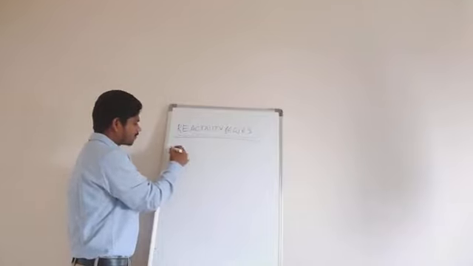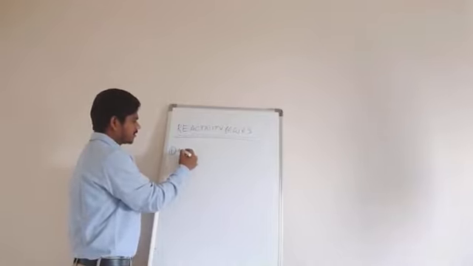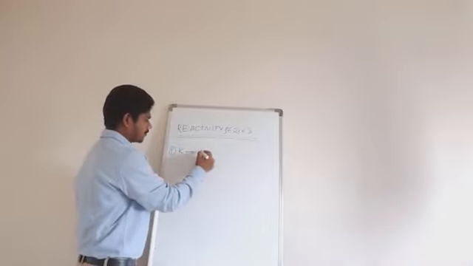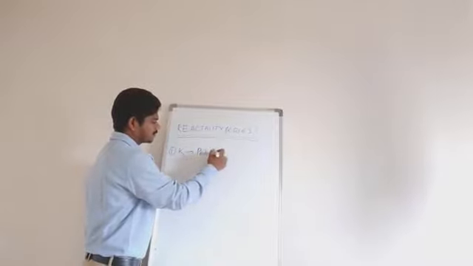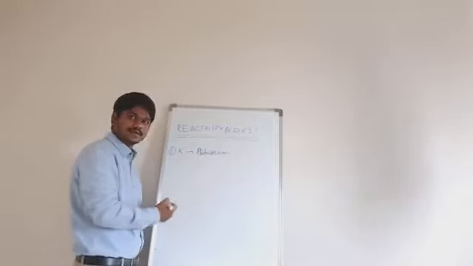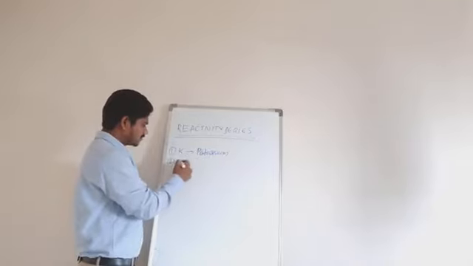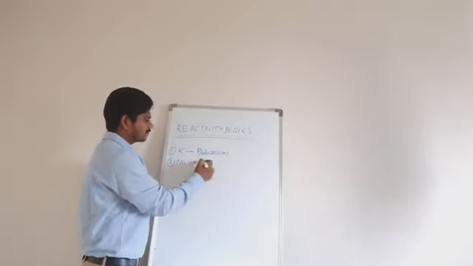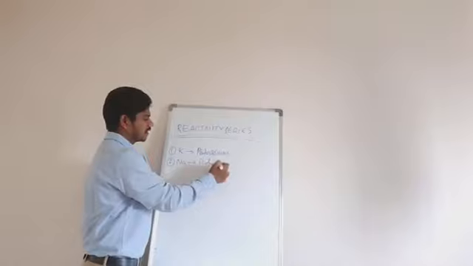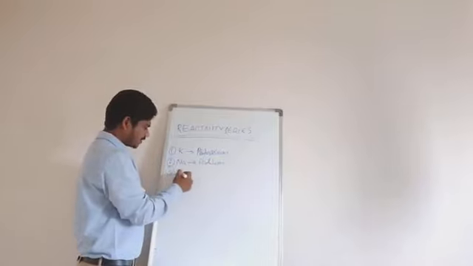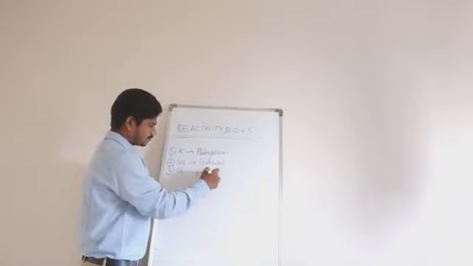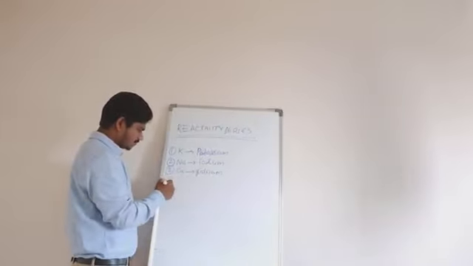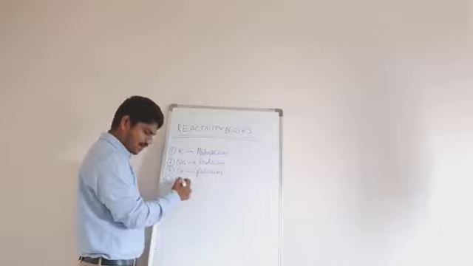The topmost metal in the reactivity series is potassium. K is potassium. Next one is sodium, Na. Like this we have so many. Calcium, magnesium. What is the symbol of magnesium?